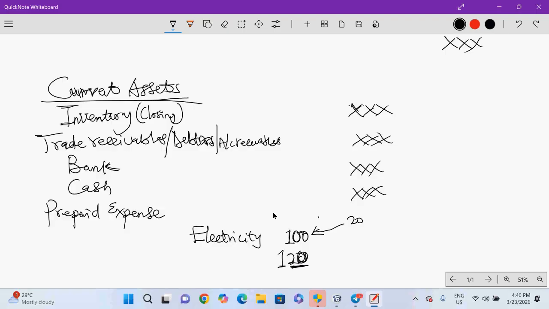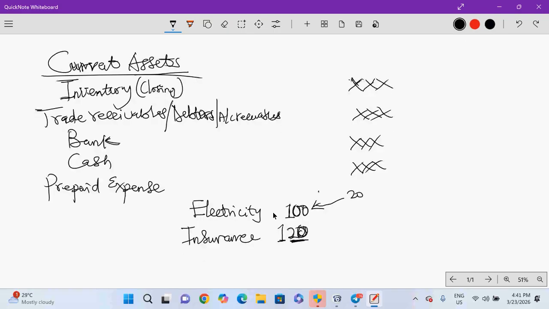Once they provide you the current, it is no more an asset, but an expense you have incurred. So the prepaid expense covers any other expenses that you have paid in advance. Insurance, prepaid, what other expenses do you know?